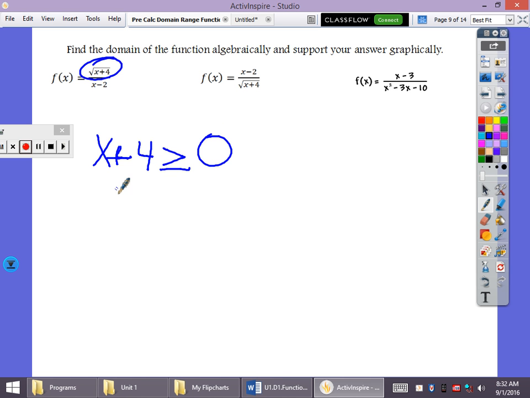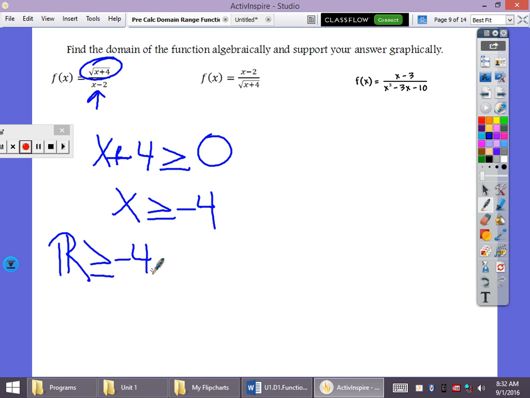Yes. Because of the square root. So x must be greater than or equal to negative 4. And it can't be, what number can't it be? So all real numbers greater than or equal to negative 4 except 2. You see how to do that?